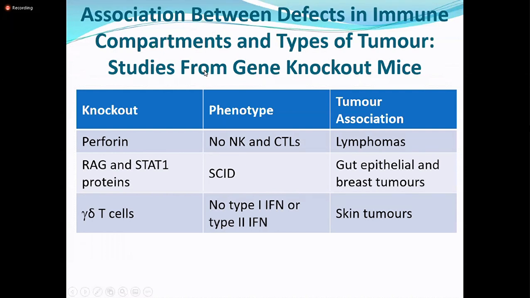Another observation is that with modern genetic engineering, we were able to knock out particular genes in mice and then look at the phenotype.